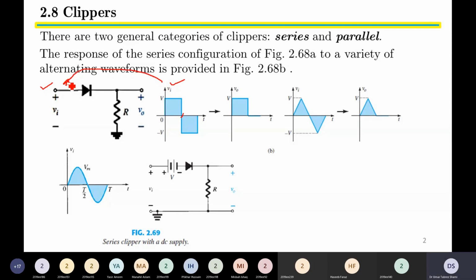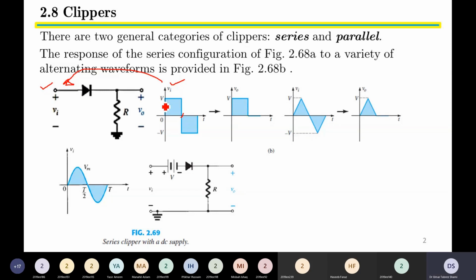When such voltage is provided to the input, the clipper circuit will simply remove the reverse biased or the negative part of the input signal with respect to the direction of the diode connected.